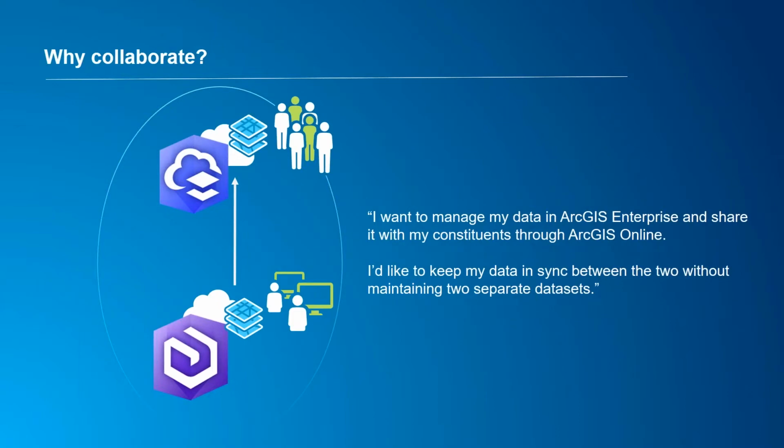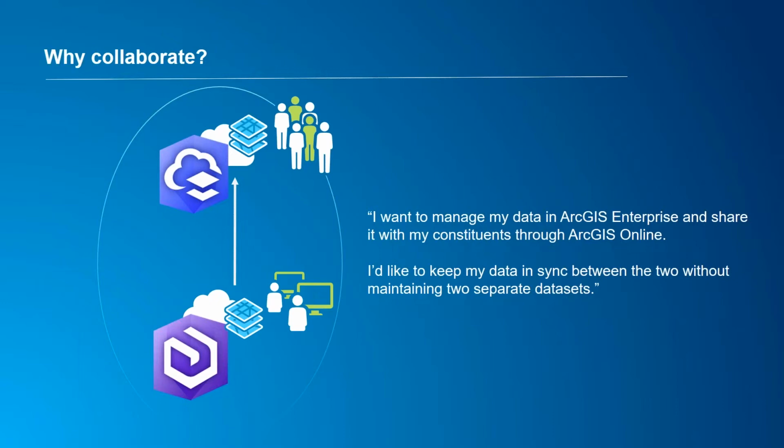So let's talk about some common use cases. Why would we want to do this? One example might be that you have an ArcGIS Enterprise portal that your organization uses today. You're securely sharing content, but you also want to start to share content with your constituents, with the public. And you may want to do that through an ArcGIS Online organization.